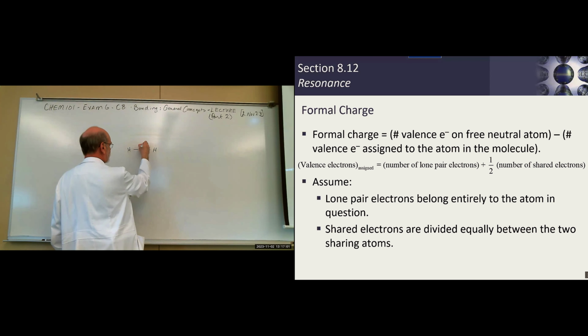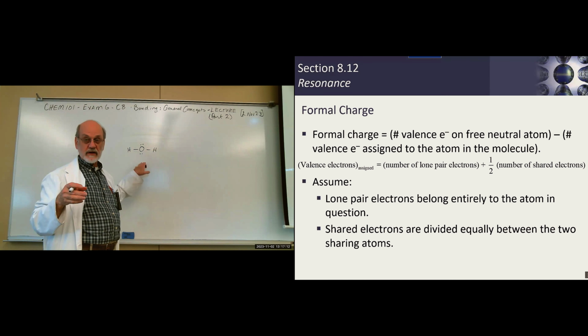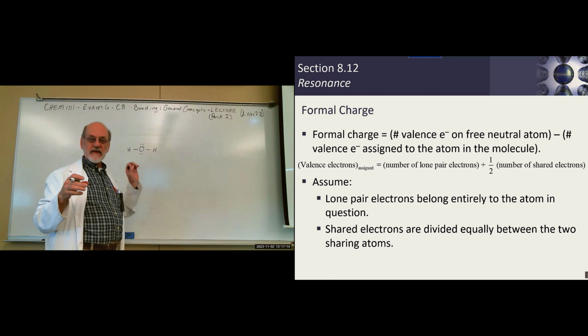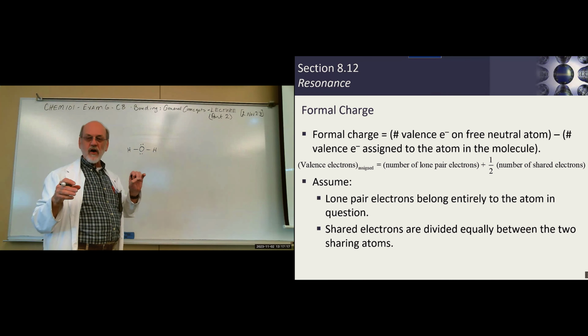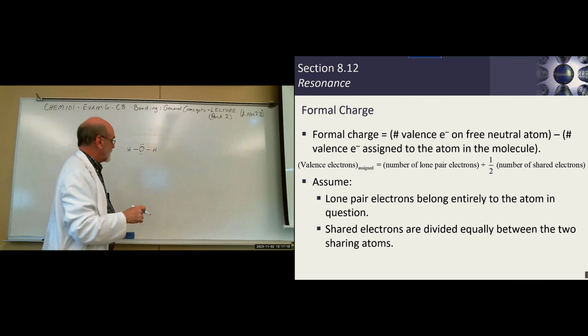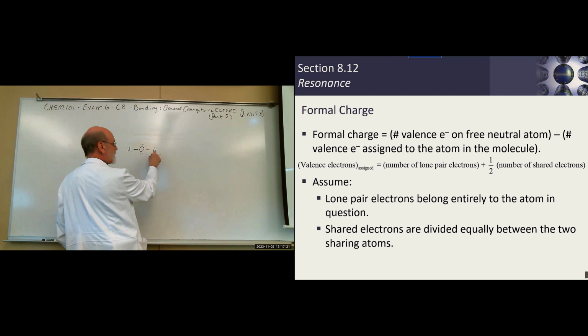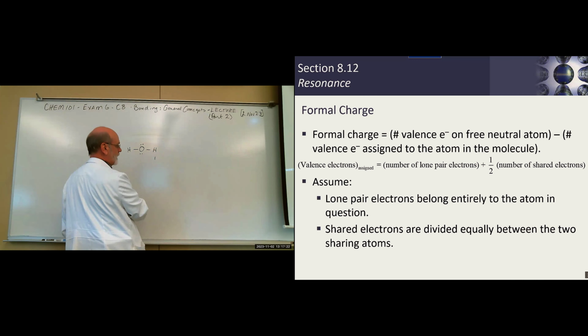So if that's a Lewis dot structure, and this one's easy because there's no other possibility, we can use this to calculate the formal charge. So we take the number of valence electrons on the free atom. The number of valence electrons on the free atom here is 1. Then we subtract the number of valence electrons assigned to the atom in the molecule.